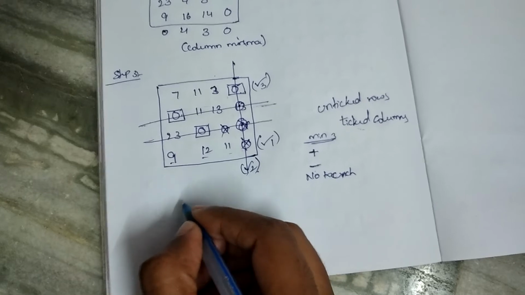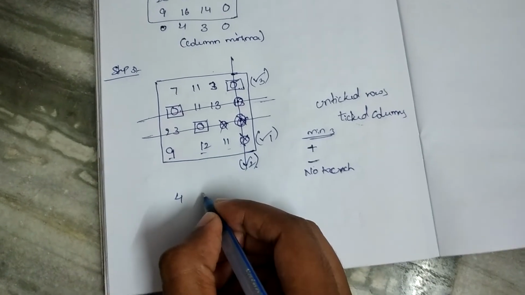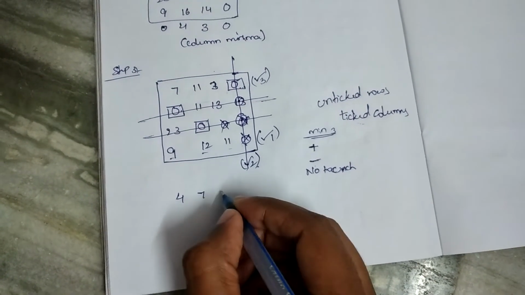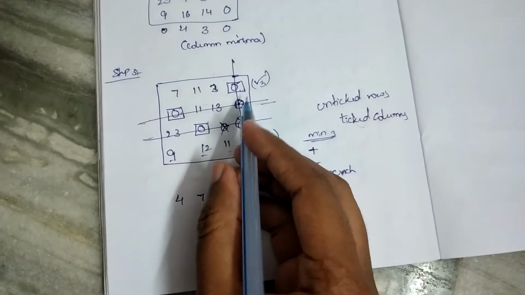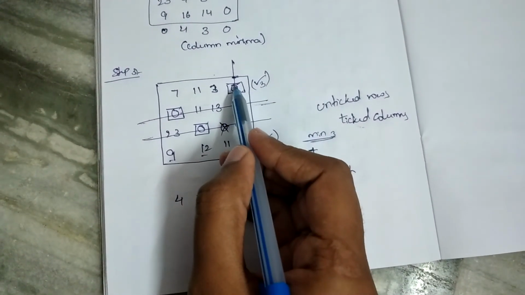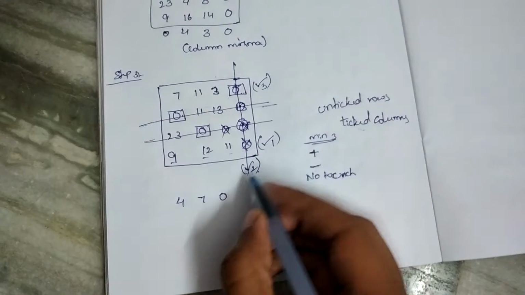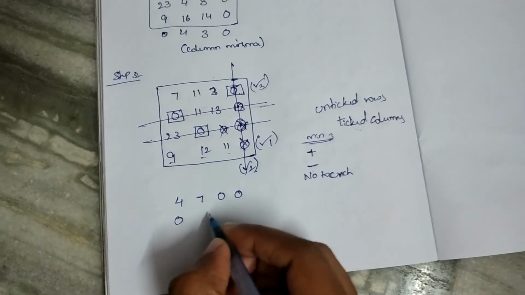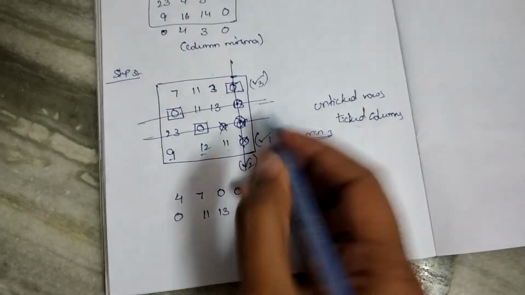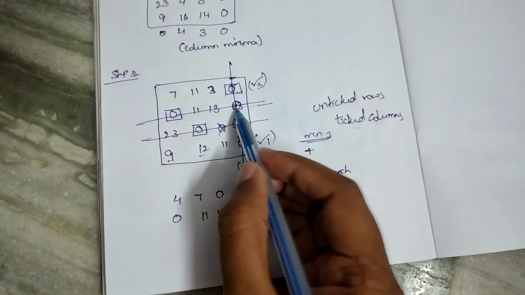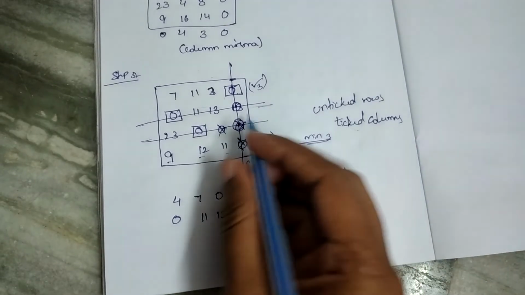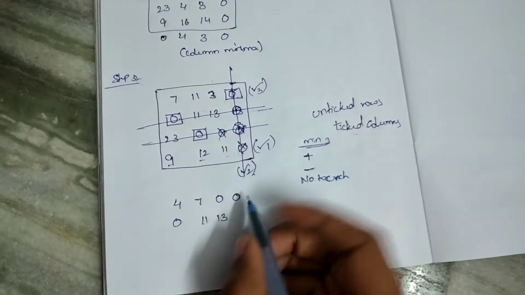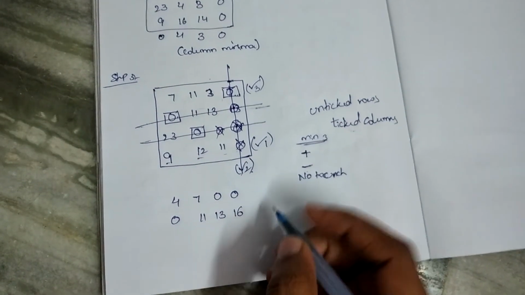So we subtract 3 from the remaining elements. 7 minus 3, 4. 11 minus 3, 7. 3 minus 3, 0. We don't need to touch the line which is passing through, so we leave that 0 as usual. And 0, 11, 13. When we observe here, the two lines are intersecting, so we have to add 3 here. Here we already have 13, so we add 3 and get 16.